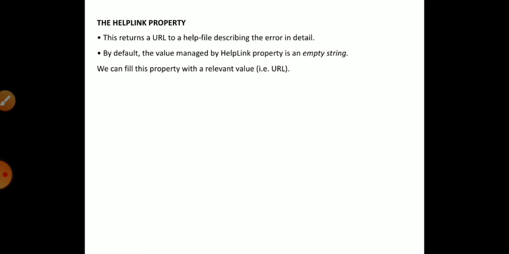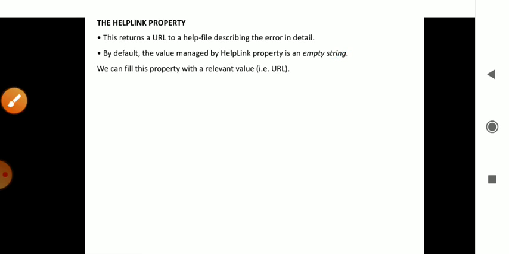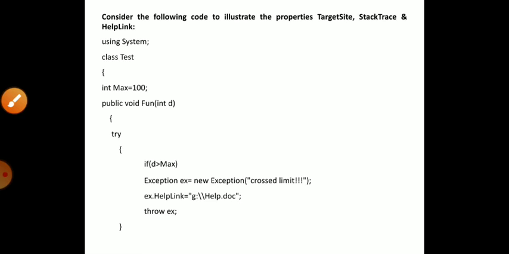Mainly, every time you generate an exception in the program, you should write the URL, so that it shows on the screen where to visit. So let's check with an example how it is used in the program.